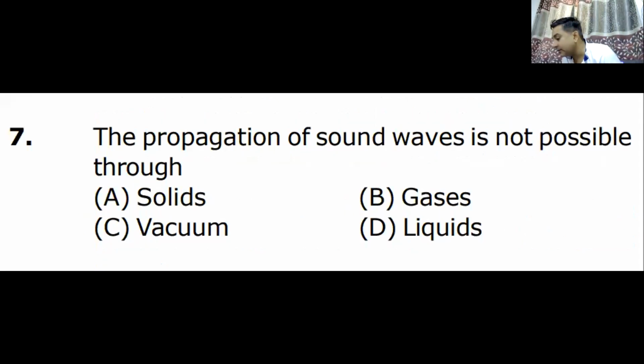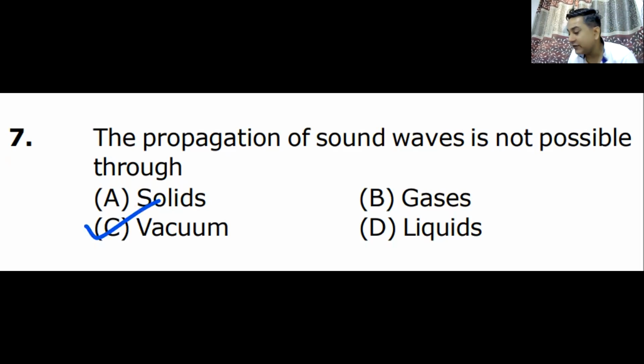Comes the next one, and I'm hoping for an answer here too. The propagation of sound waves is not possible through A, B, C, D. And the answer is vacuum.